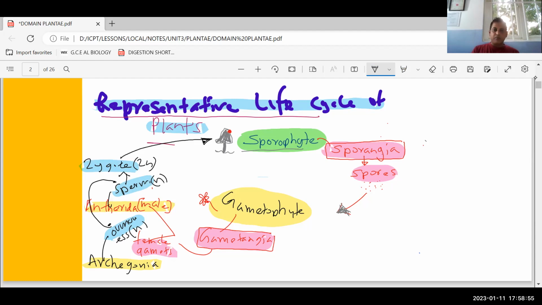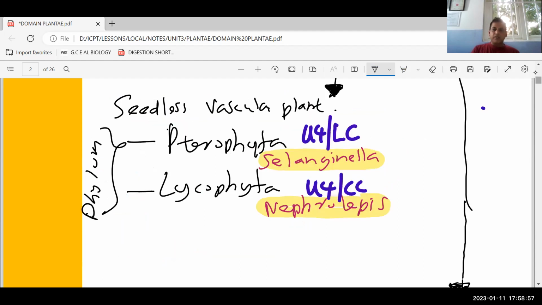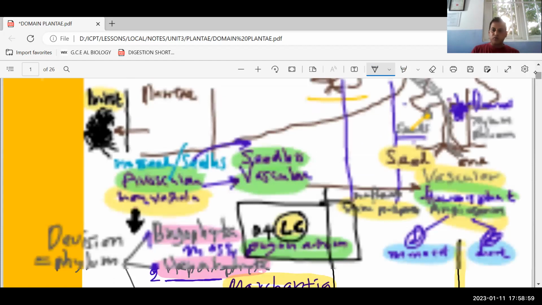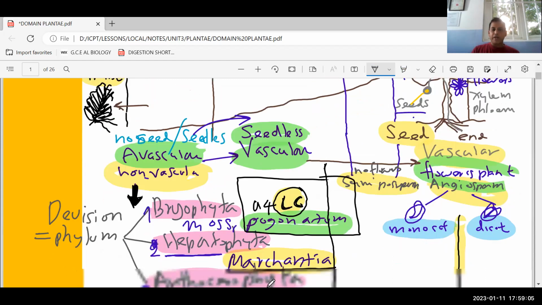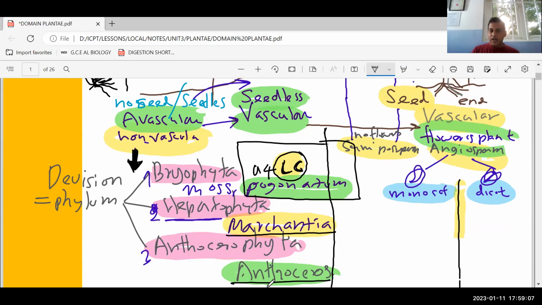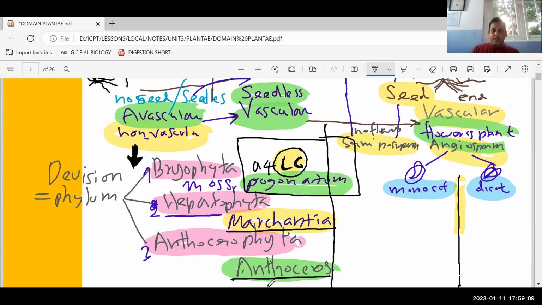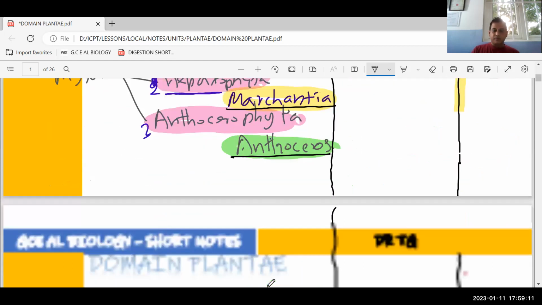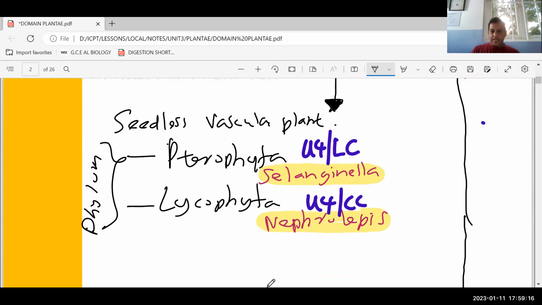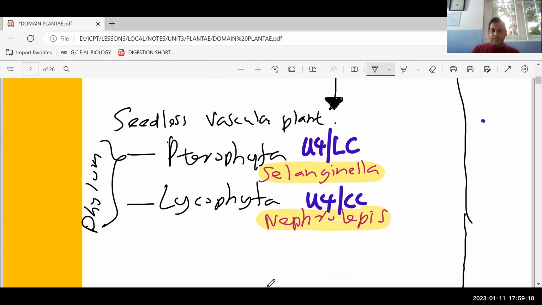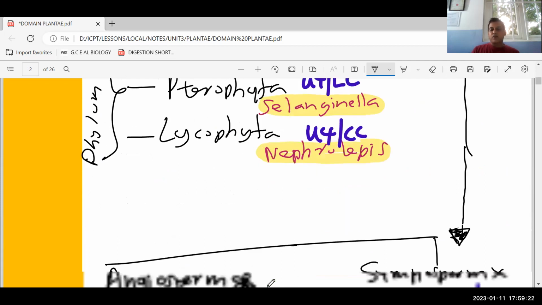So, for example, in Unit 4 and Unit 3, we have to learn the life cycle of Bryophyta Pogonatum, of Pterophyta Selaginella, of Lycophyta Nephrolepis, and of Cycas.